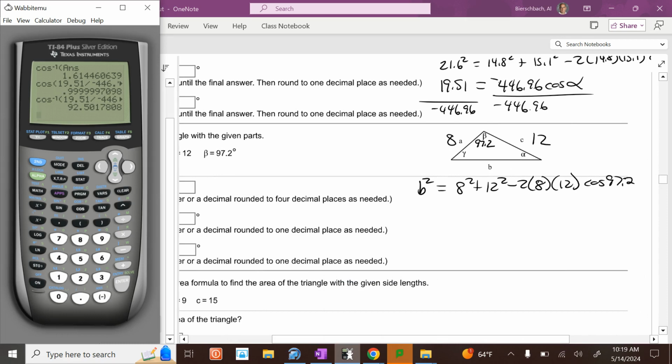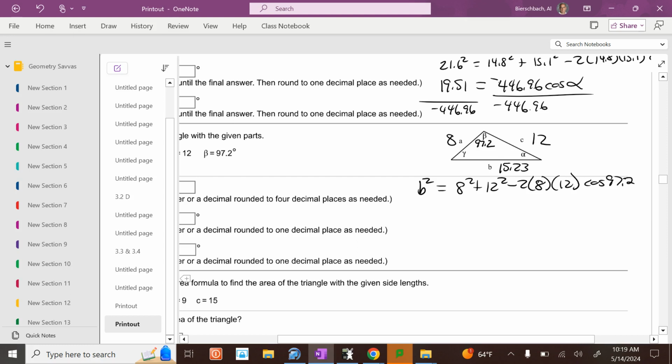So this goes straight into your calculator. It's a lot easier. 8 squared plus 12 squared minus 2 times 8 times 12 cosine of 97.2. You get what B squared would be. So then you take the square root of your answer and you get 15.23.